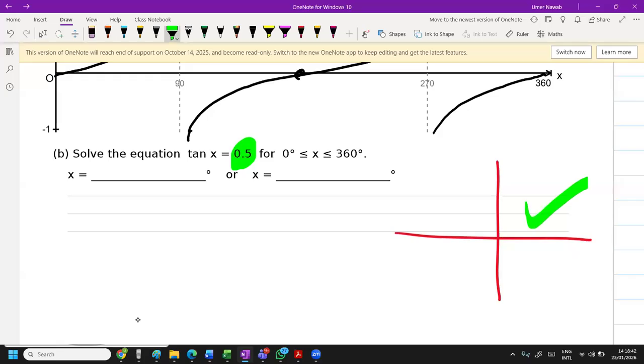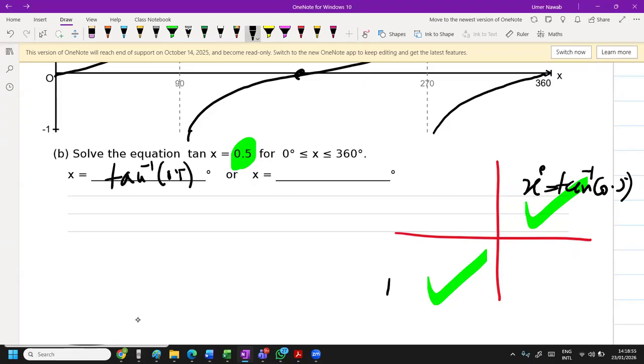Tan is positive in this quadrant and this quadrant. So shift tan of 0.5, this is my first answer. And 180 plus shift tan of 0.5.